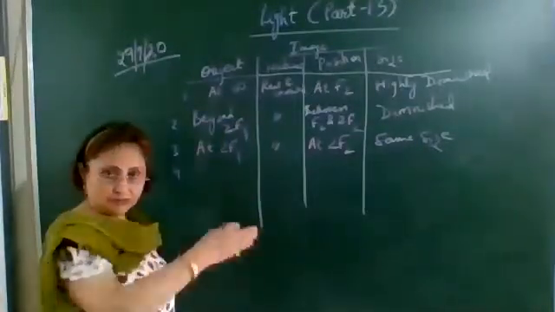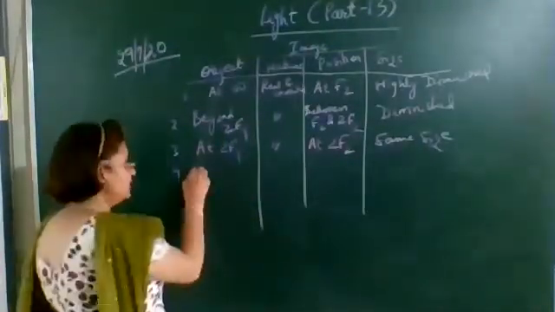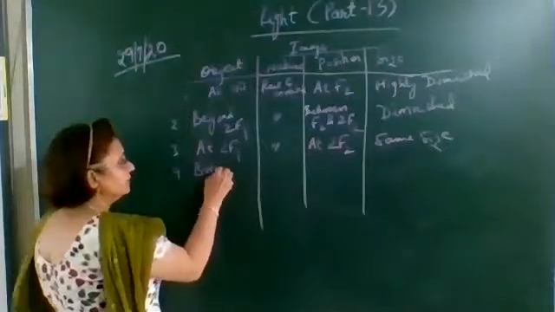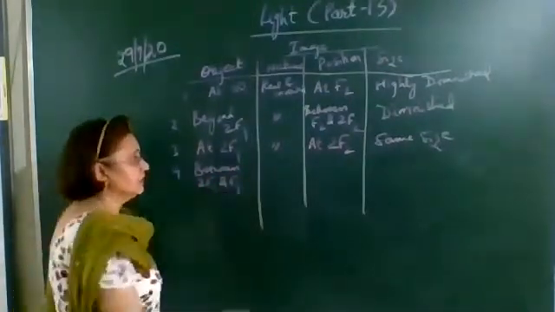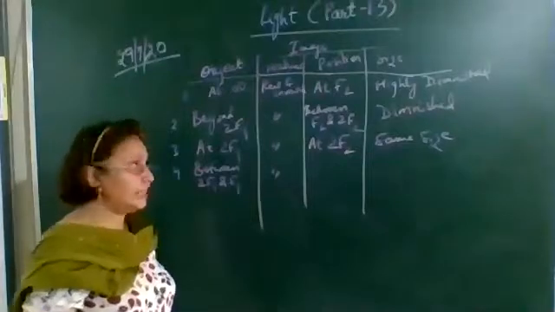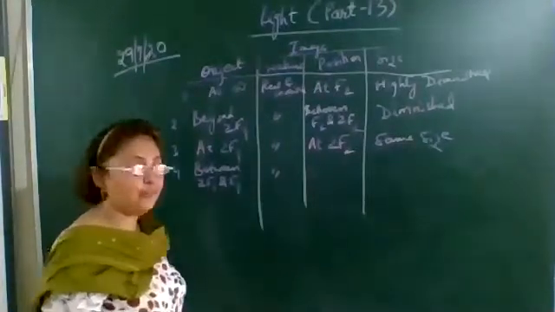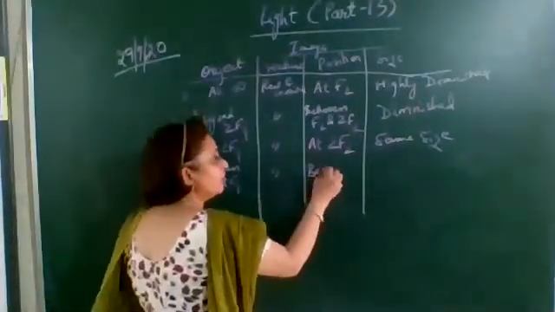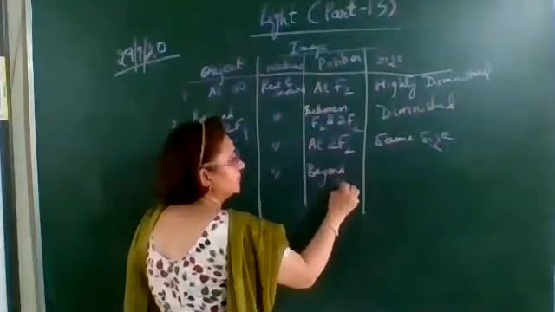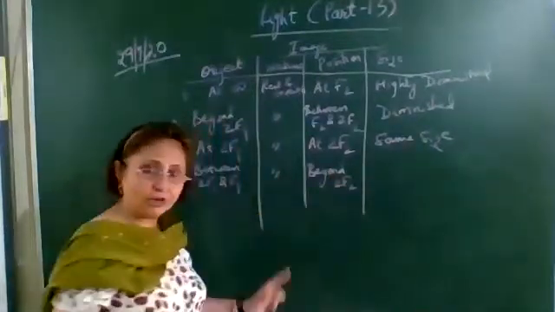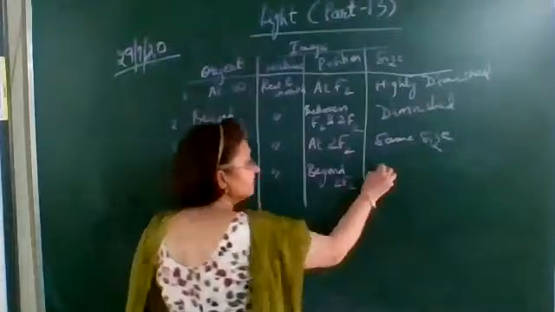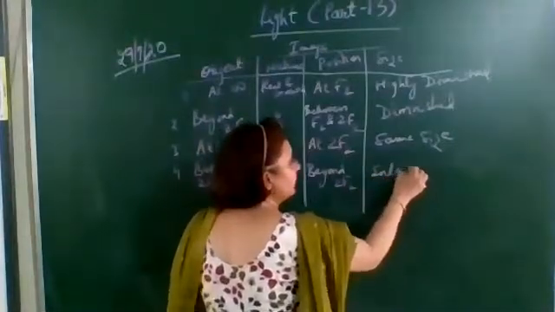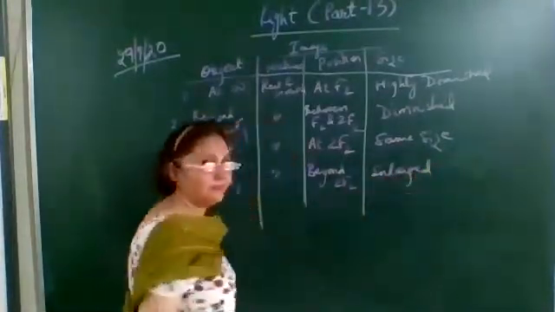Next position, bringing it more closer, is between 2f1 and f1. The image is real and inverted, formed beyond 2f2, and the size is bigger than the object, so we call it an enlarged image.